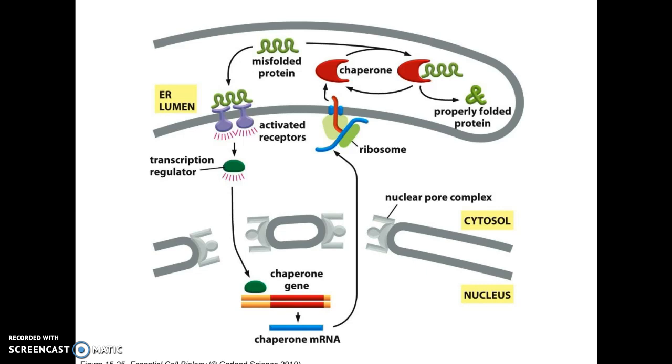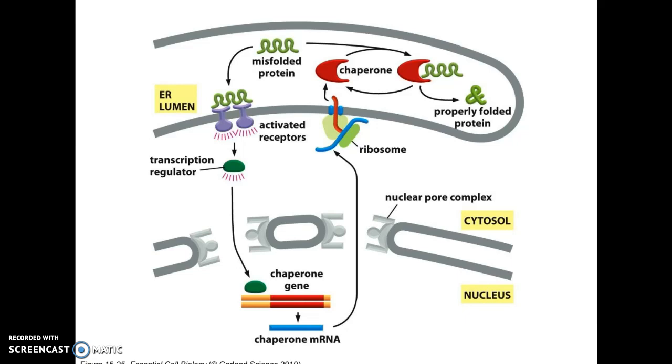If there aren't enough chaperone proteins to help all of the misfolded proteins because of a heat shock or some chemical shock, then there will be a whole bunch of misfolded proteins. Those misfolded proteins will have hydrophobic amino acids exposed.